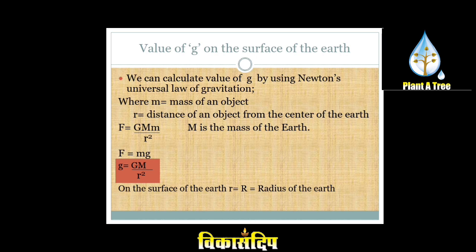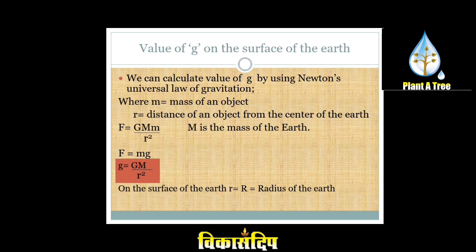We know that according to Newton's second law of motion, F is equal to ma. Here the acceleration is the acceleration due to gravity, therefore it is represented as small g.